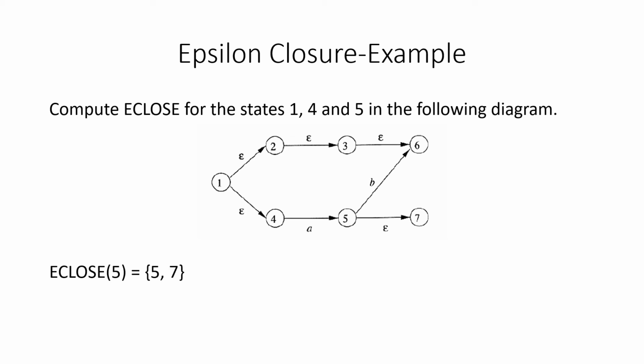As per the definition, when we compute E-close of 5, we include the state 5 itself. Then from 5 we check whether there are any transitions on epsilon. From 5 to 6 there is a transition, but it is on input symbol B, so it cannot be included. But from 5 to 7 there is a transition on input symbol epsilon, so it can be included. Thus E-close of 5 is 5 comma 7.